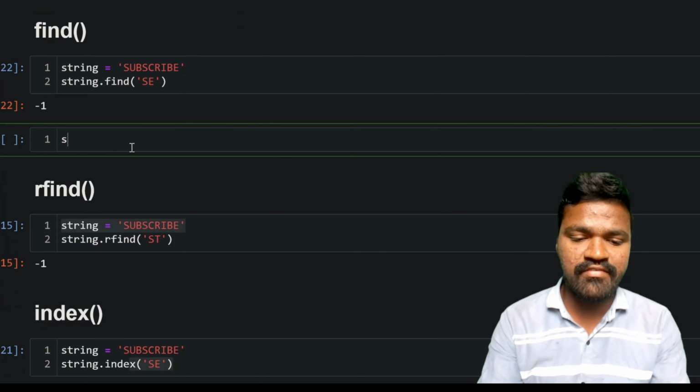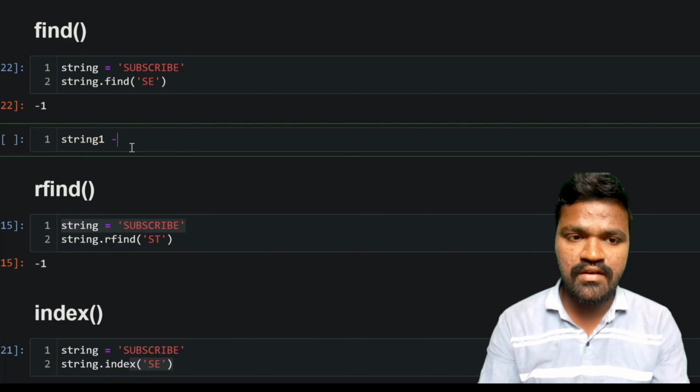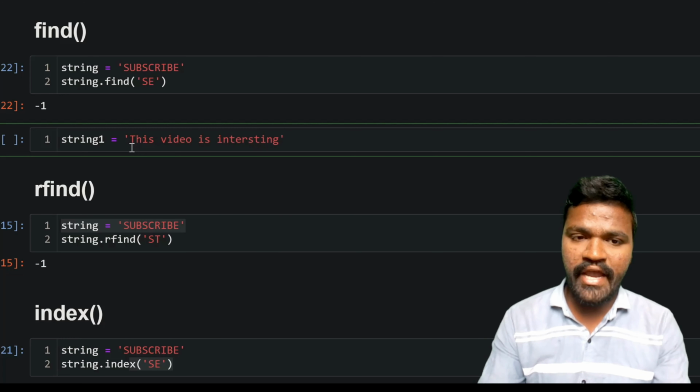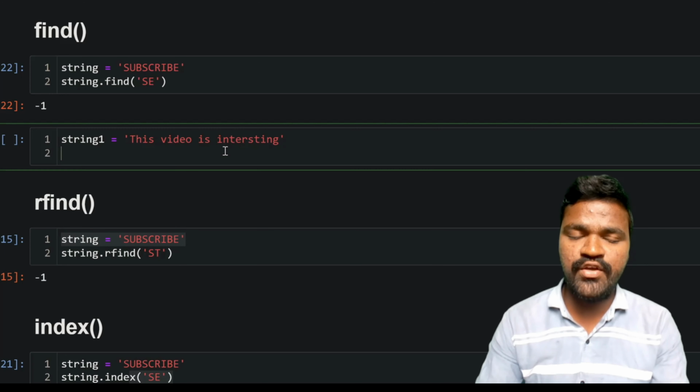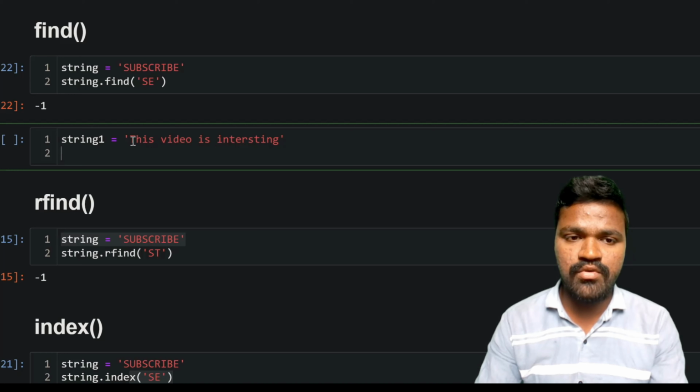For that, I will take a string1 here, and the string I will be taking is "this video is interesting". Here we can see "is" is present in here, and also in here.